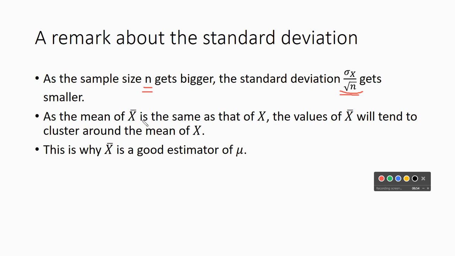Since the mean of x bar is the same as the mean of x, the values that x bar takes, meaning the individual sample means, will tend to cluster closely around the mean of x. This is why x bar is a good estimator of mu.